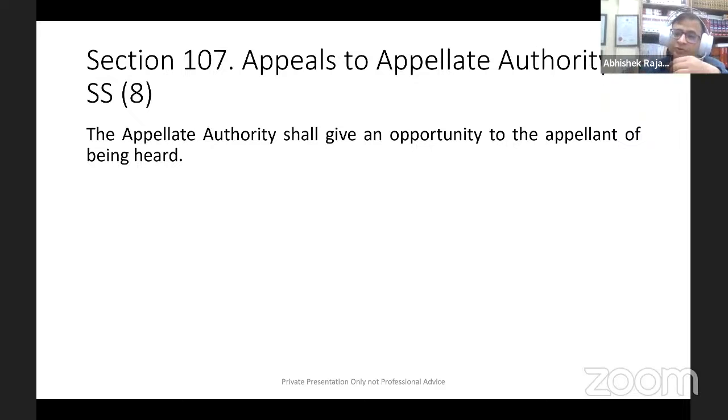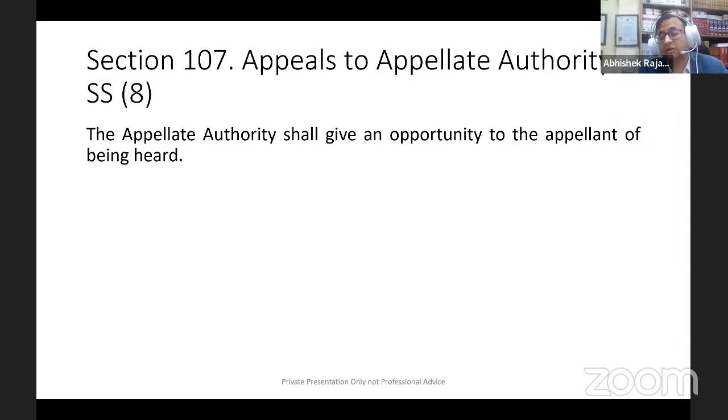In person, you go visit them and explain whatever you want to. And then you should always remember that you have to sign the note sheet that you have visited, you have discussed this, and whatever you have submitted, you should request the authority to please write this.